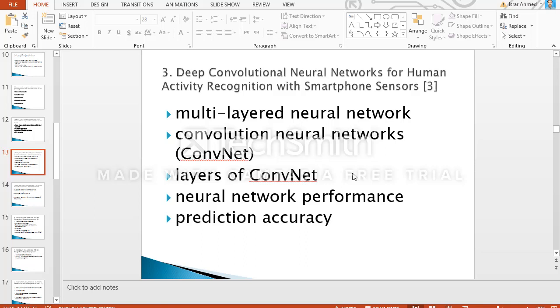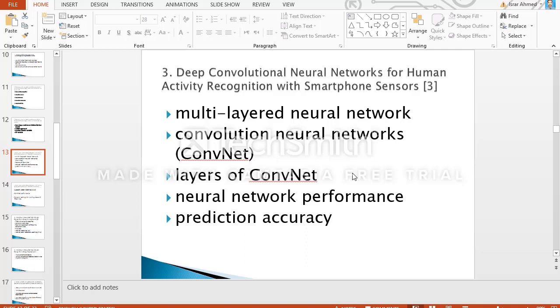The performance in their work is measured by using prediction accuracy. Time series information has invaluable neighborhood dependency attributes. In addition, activities tend to be hierarchical and translation invariant in nature.